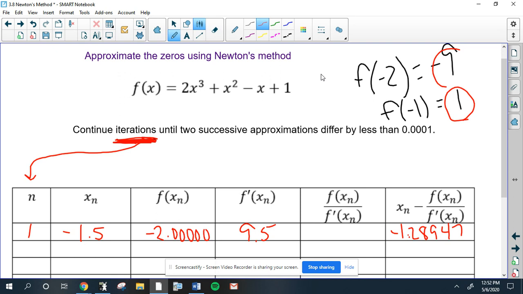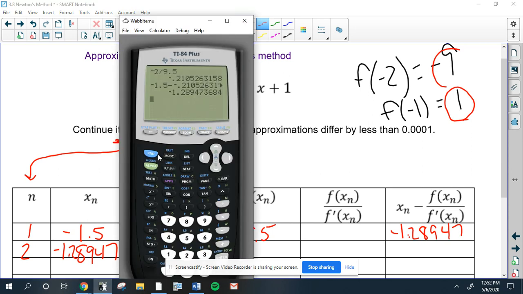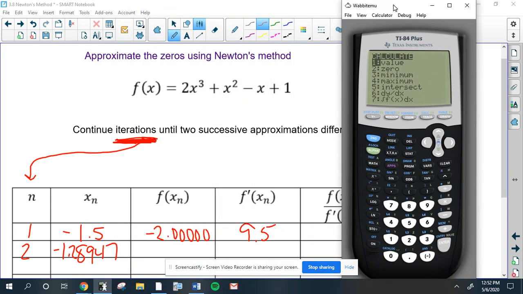So now my second iteration is going to start with that new intercept. So on the calculator, calculate the value at -1.28947, -0.33589.